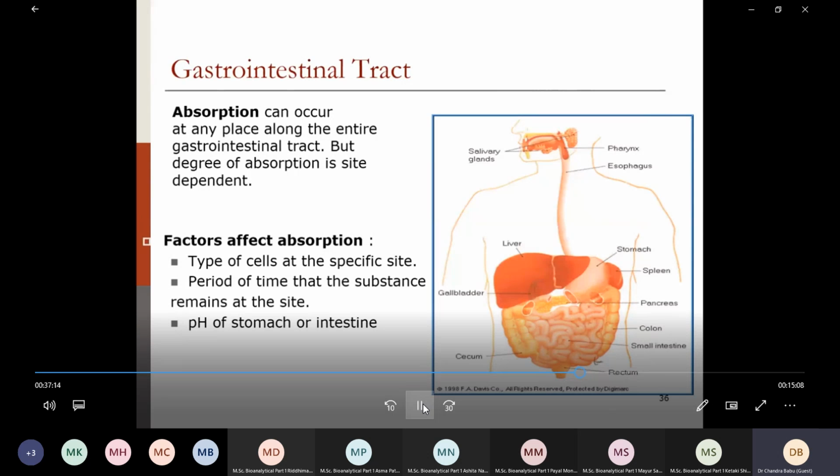And of course, something that we hear frequently is the food. How much food we have in the stomach would also interfere with the absorption of the xenobiotic. The part of the GI where the most absorption occurs is the intestine. The greatest absorption of chemicals and nutrients will take place here, especially in the small intestine.